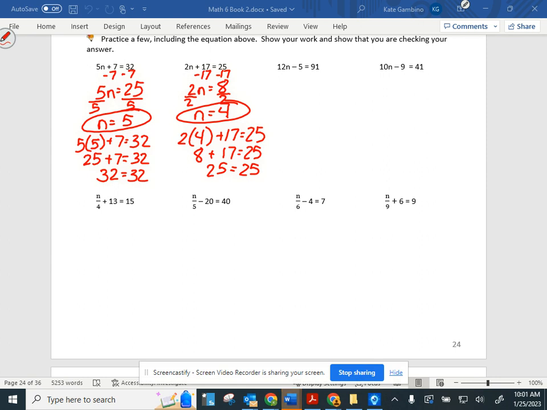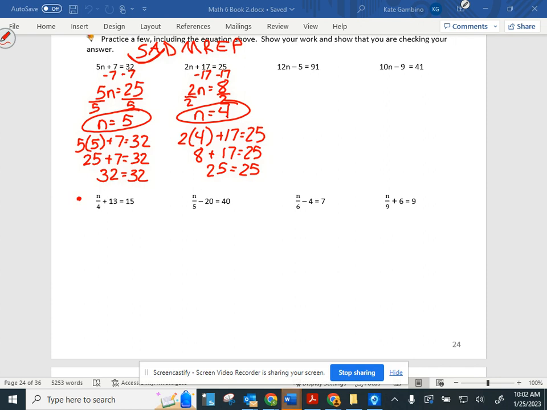Let's do this one down here. n over 4 plus 13 equals 15. What is my first step, Nolan? Remember, if we are doing SADMEP, you do the opposite. Our first thing that we have to do is our subtracting or adding.